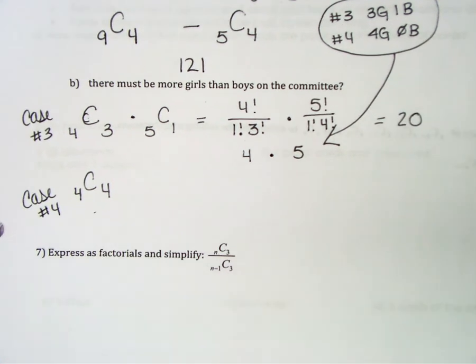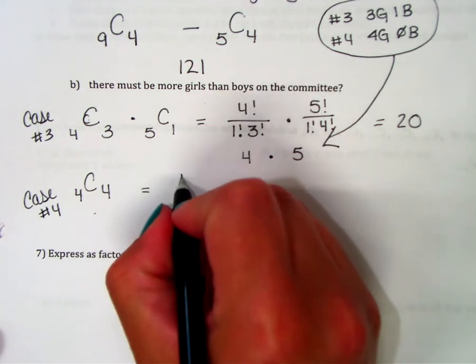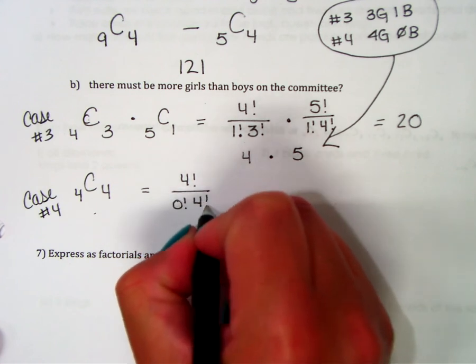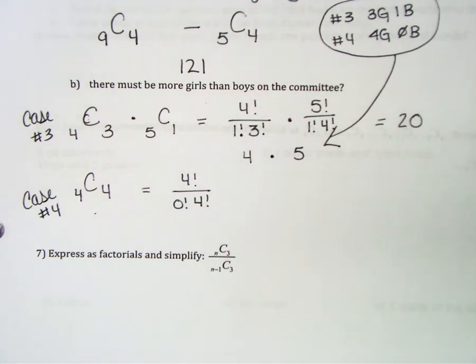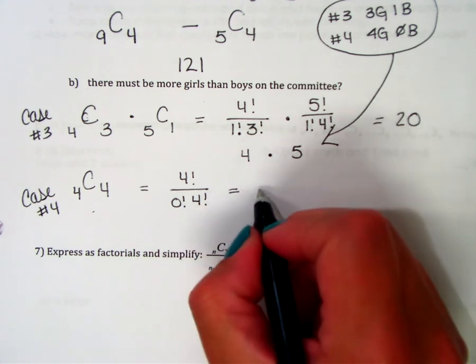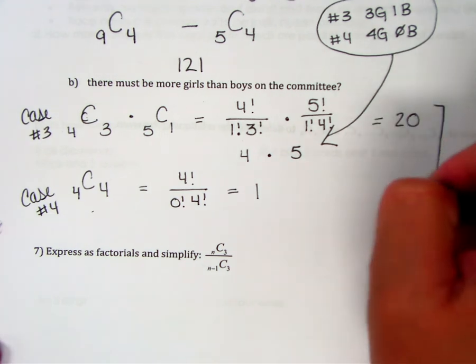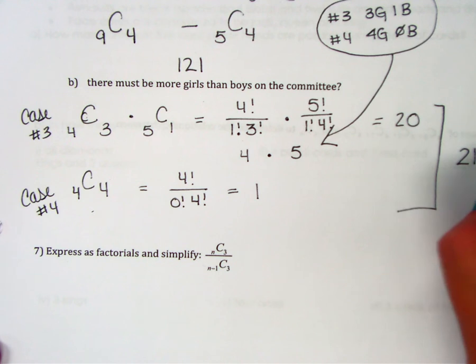Can you do this one in your head? 1. So 4 factorial over 0 factorial, 4 factorial. What's the value of 0 factorial? It is 1. So how much in total? 21.